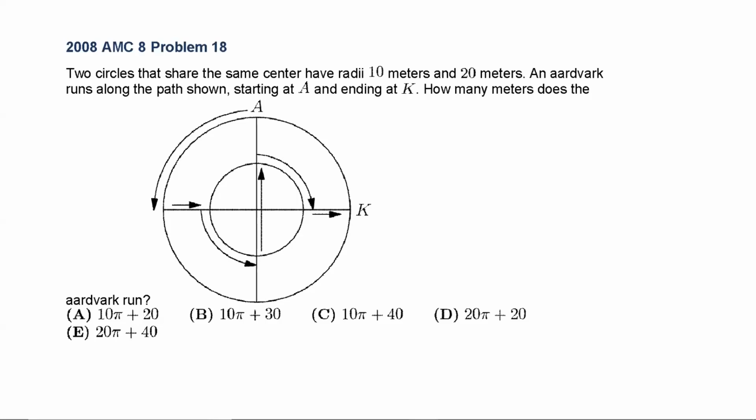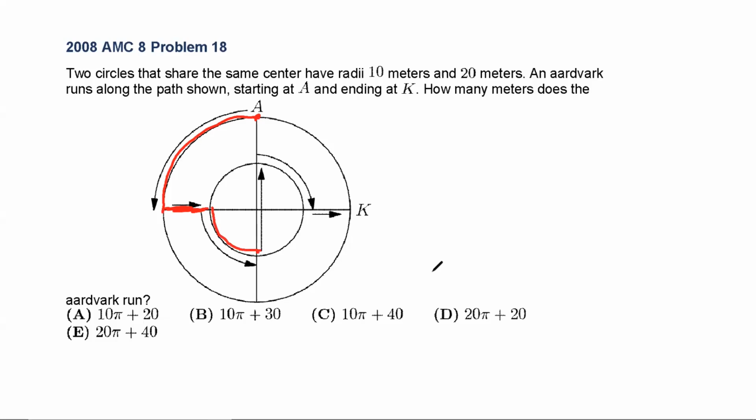Okay, let's get started here. So I'm just going to briefly trace the path that it's running. The path starts here at A, and you go a quarter way around the bigger circle. Then you travel this distance. Then you go a quarter way around the smaller circle.